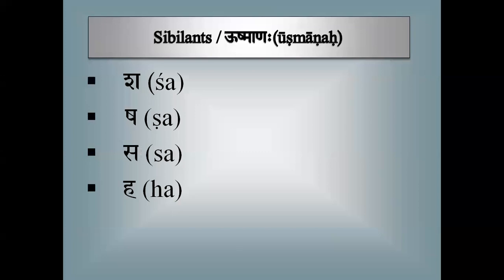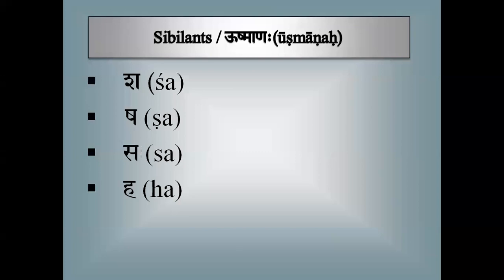This ha and a are different. A is a vowel, the first letter. Ha is the consonant, the last consonant. So, when you say Harihi Om, it is ha. That is a sibilant, not a, the vowel. If you say a, Hari means enemy.